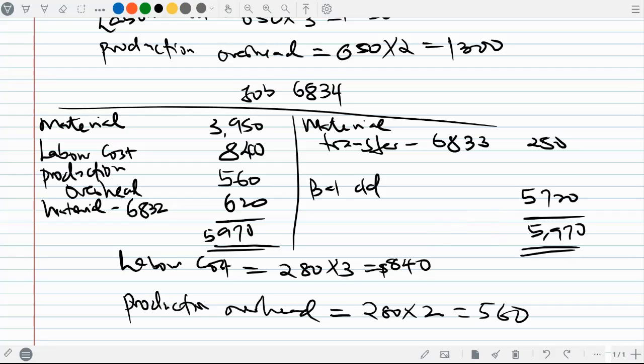Yes. Therefore, the balance carried down for job 6834 is 5720.